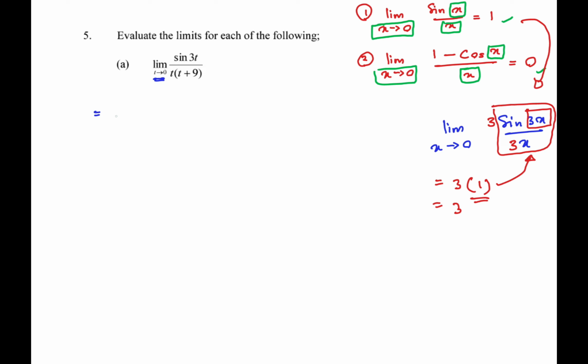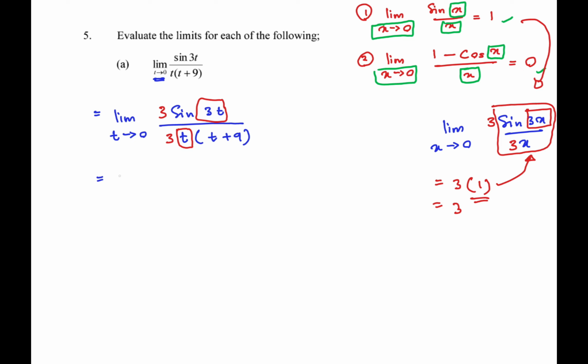We can solve this problem by using the first identity. Your angle is 3t, so your denominator also must involve 3t. Here there is only t, so you must multiply by 3. If you multiply by 3 there, your upper part must also be multiplied by 3, so you do not change the value of the function.